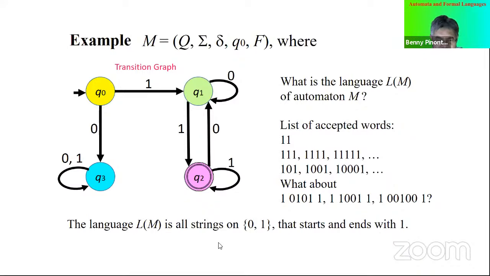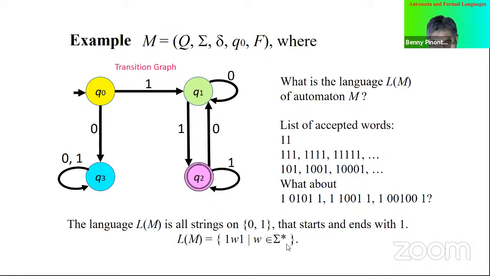It doesn't matter what is in the middle: any sequence of 0 and 1 in the middle, as long as you start with 1 and end with 1, is an accepted word.